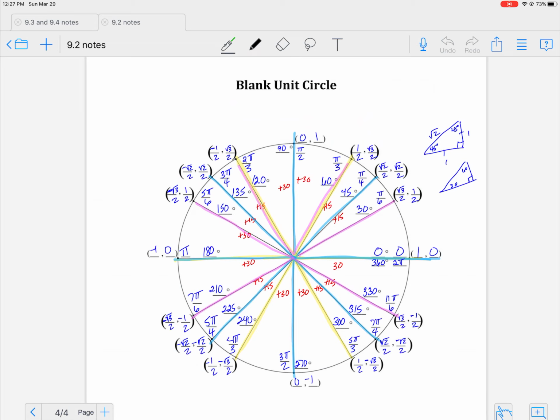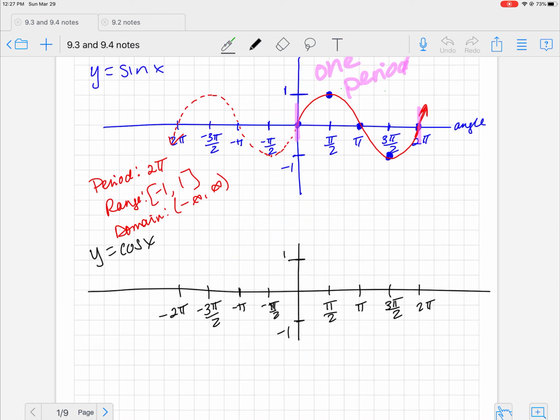Okay, so check it out. What happens if I'm looking at 0? Let's shoot back to our unit circle real quick. Our unit circle tells us at 0 angle measurement, cosine is 1. Then it goes to 0, -1, 0, and then back to 1, right? So a full loop around is also going to give that.